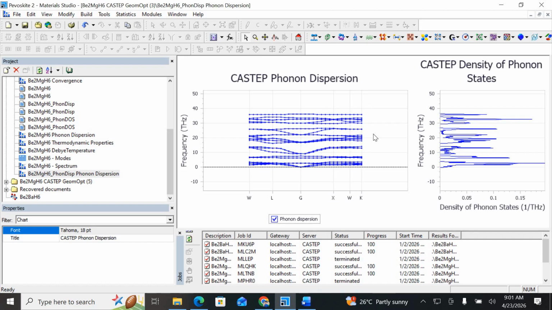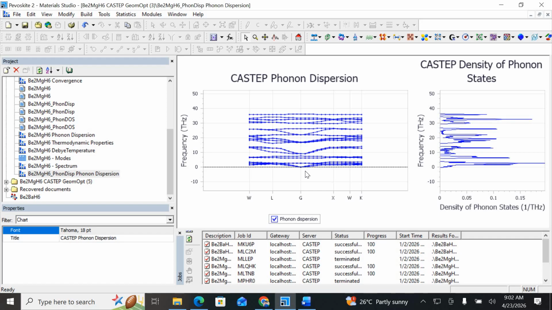At this point, it is important to understand the difference between thermodynamic and dynamic stability. Thermodynamic stability is based on energy and determines whether the material is favorable to form, as I already explained, while dynamic stability is based on atomic vibration and determines whether the structure can remain stable over time.